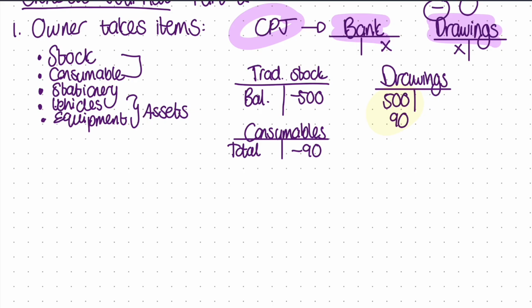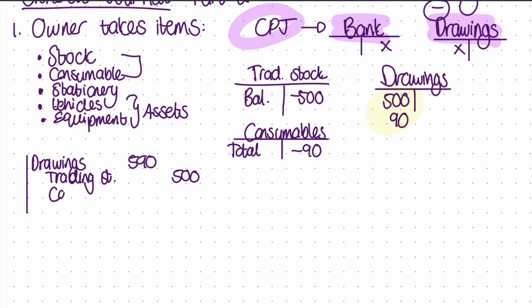If I had to enter it into my general journal, let's say that's the margin for the dates, and then you put your debit first. Now drawings is the debit account here. I'm still going to put 590 for both of them. You could write it separately, it just means more work. And then trading stock is your credit. Please don't use these abbreviations.